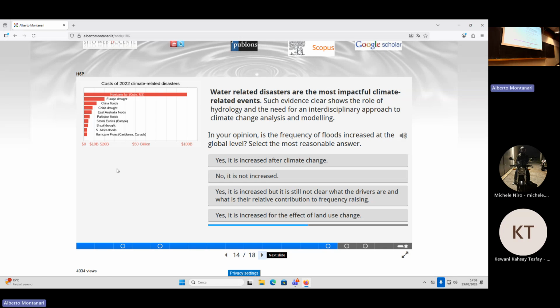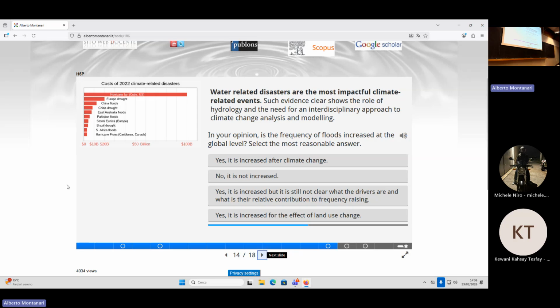They are water-related disasters. And indeed, if we look at a progress in time of the costs, the impact of water-related disasters, this is much increasing.